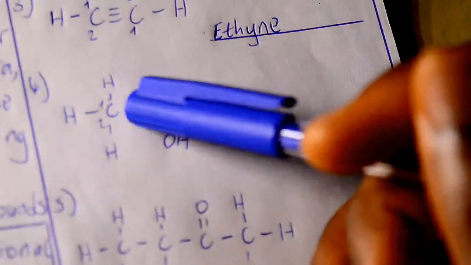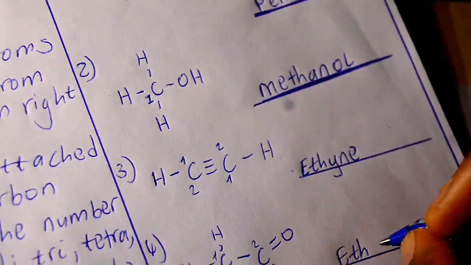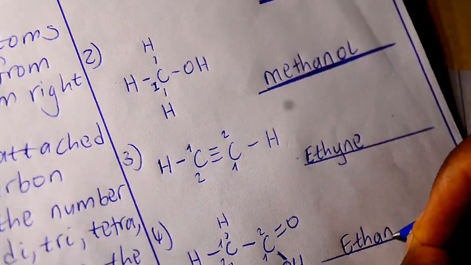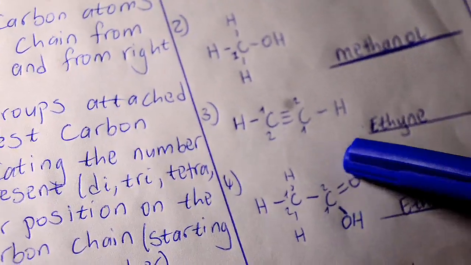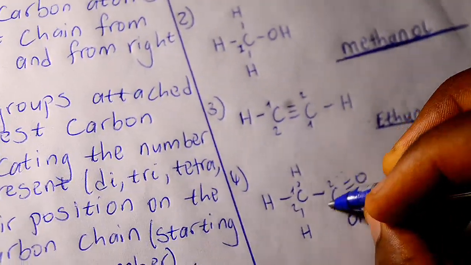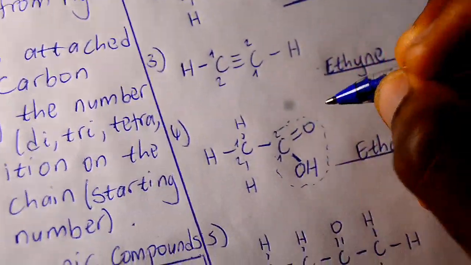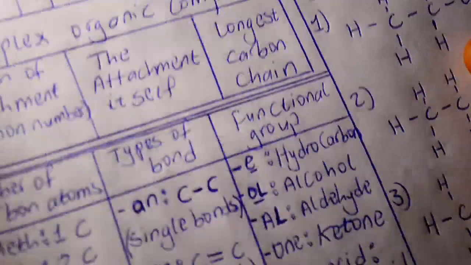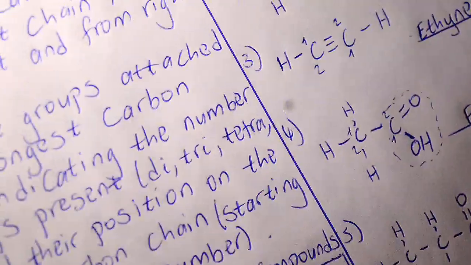It has only single carbon to carbon bonds, so the middle part must be an. And it has a carboxylic functional group. This here is a carboxylic functional group, so it is a carboxylic acid and the name must end with oic acid.